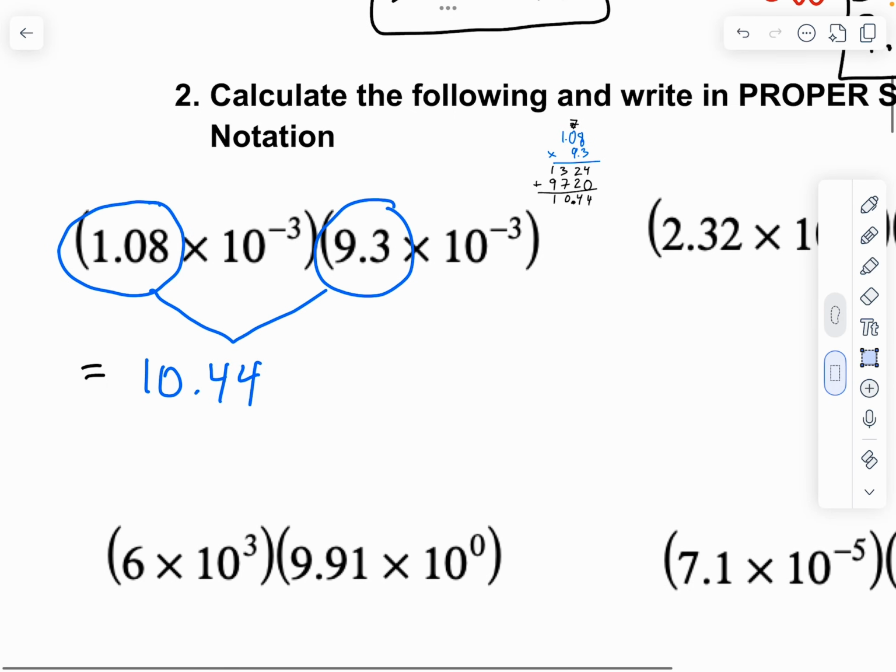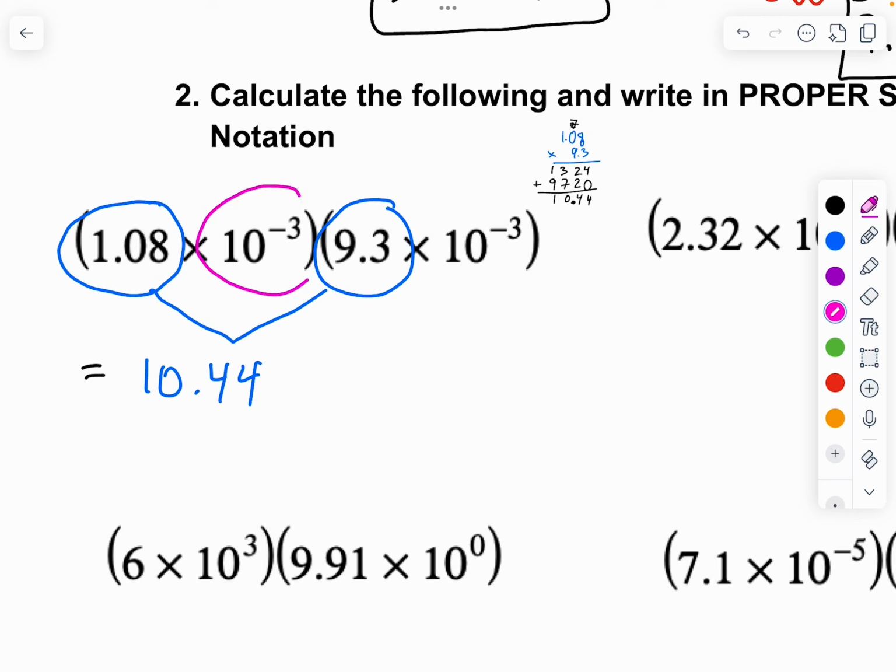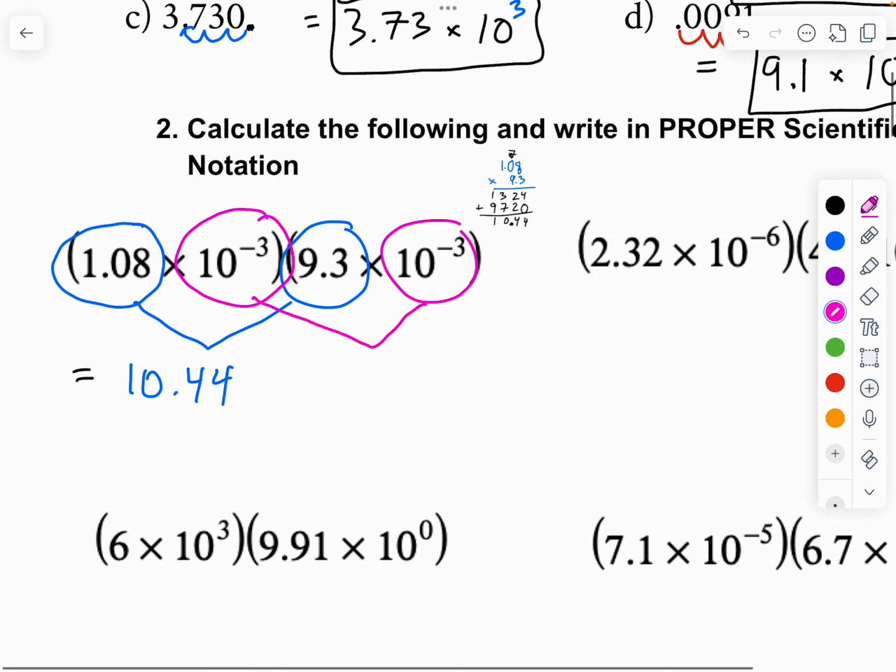My next step is going to be to multiply the tens. 10 to the negative third power times 10 to the negative third power. Now I wish I could just say, oh, that crosses this off. Maybe not. What's the rule for exponents when you multiply? When you multiply powers of the same base, you gotta add. Let me write that down. For blue, we multiply the two numbers.